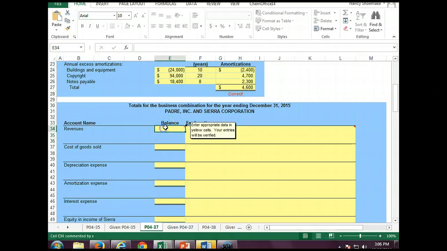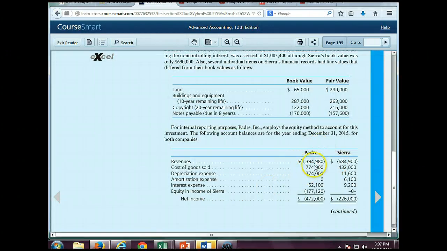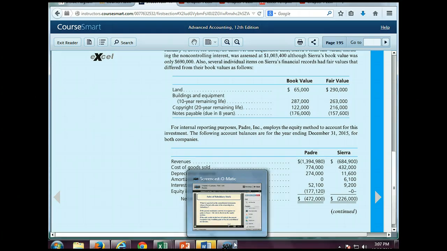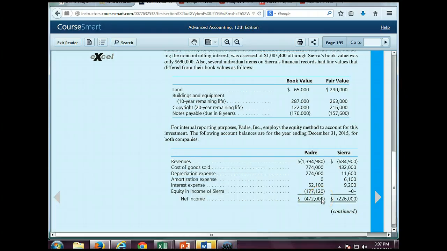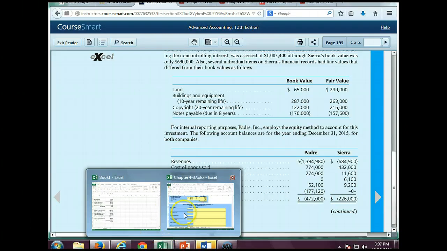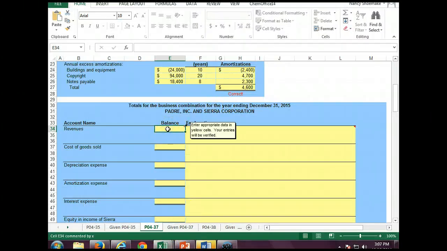The revenues. What are our revenues going to be for the combination of Padre and Sierra? So if we show here 1,394,980 plus 684,900, what does that come up with? 2,079,880.